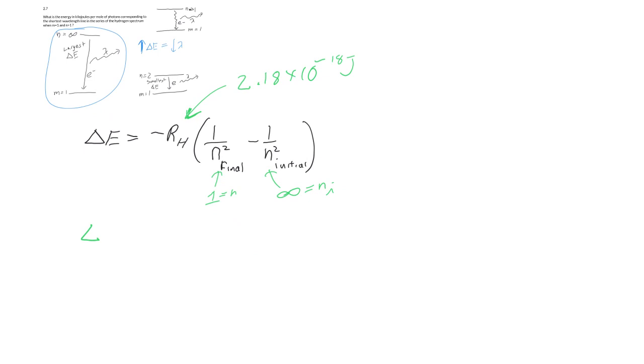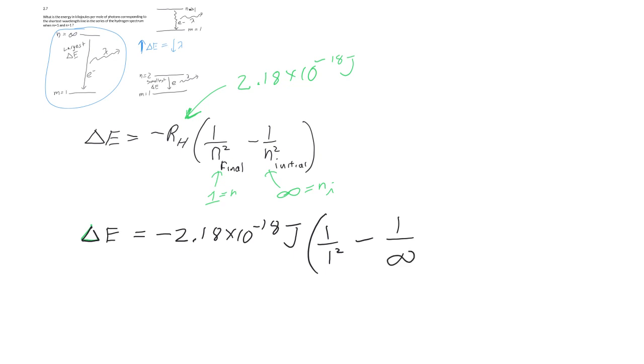So we've got the difference in energy is equal to the opposite of 2.18 times 10 to the negative 18th joules times 1 over 1 squared, minus 1 over infinity squared.